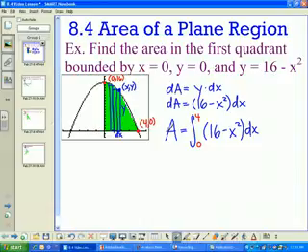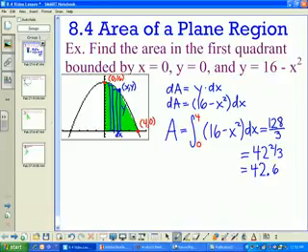You do know how to calculate these without our calculators, but for time purposes, we're going to grab our calculator and work that out. So we'd get 128/3, which is also 42 and 2/3, which can be estimated to be 42.667. Remember, area is measured in square inches or square meters or square units.